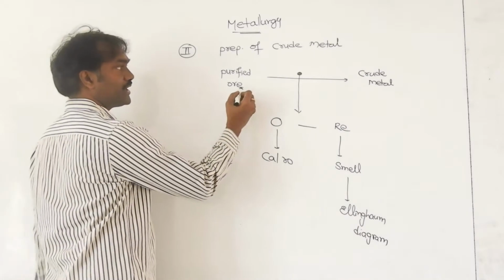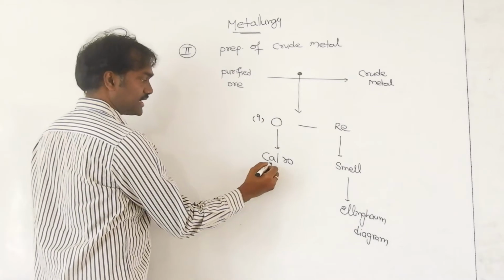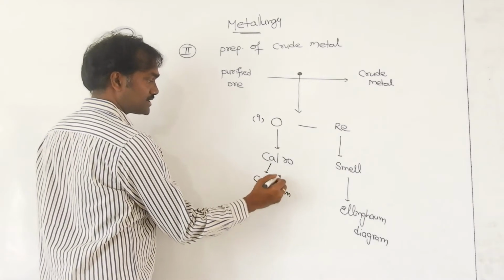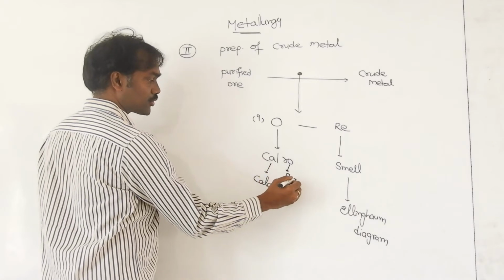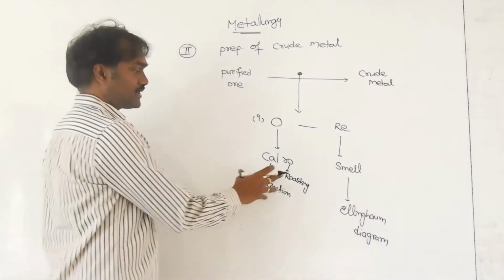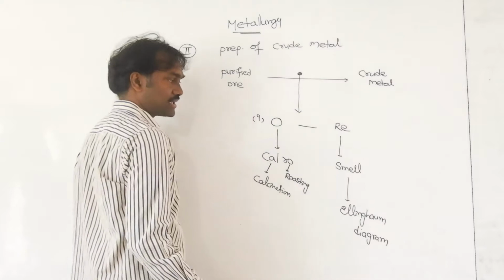Here, the purified ore is first treated with oxidation. In oxidation we have the calcination process, next the roasting process, and after that the smelting process. Smelting is nothing but a reaction.